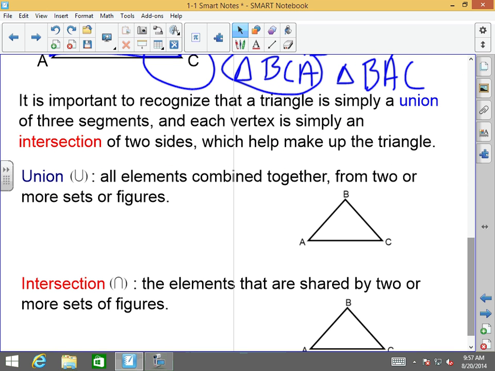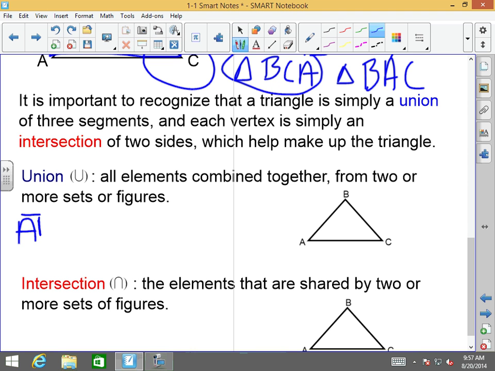It is important to recognize that a triangle is simply a union of 3 segments, guys. And each vertex is simply an intersection of 2 sides, which helps make up the triangle. So a union, represented by a U, means that all elements combined together form 2 or more sets or figures. So when we're talking about a union, I'm talking about the following, guys.